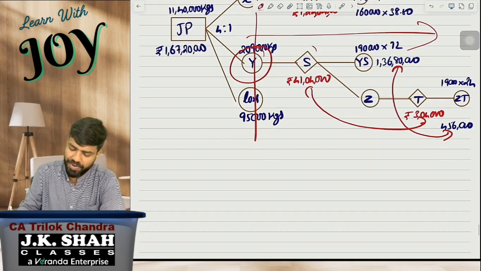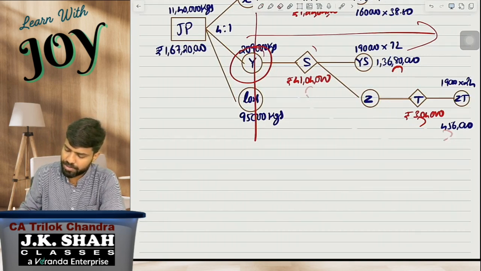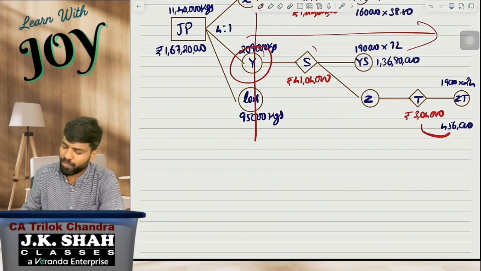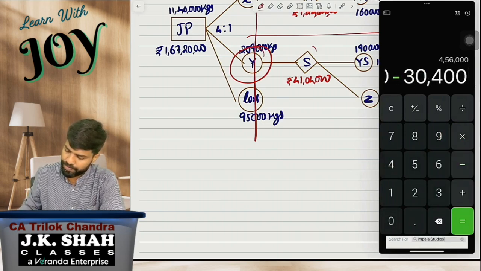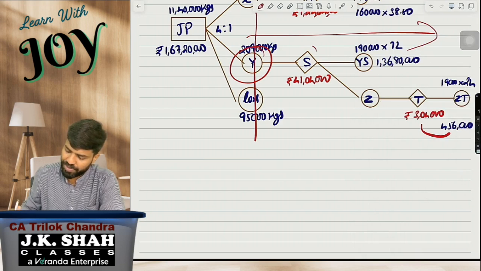The other way of doing is simple. First, take the net amount. What is the net amount? 4,56,000 minus 3,04,000 equals 1,52,000, which is the net amount.